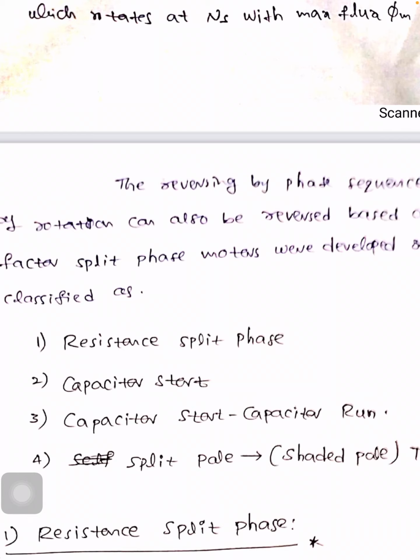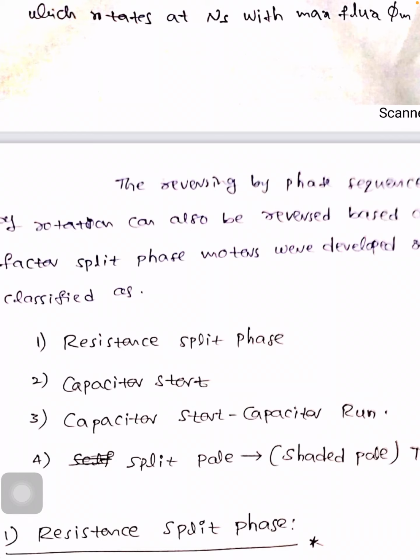So the stator winding is split into two parts, called the starting winding and the main winding. Due to these two windings, the total current is split into two parts, the starting current as well as the main current.